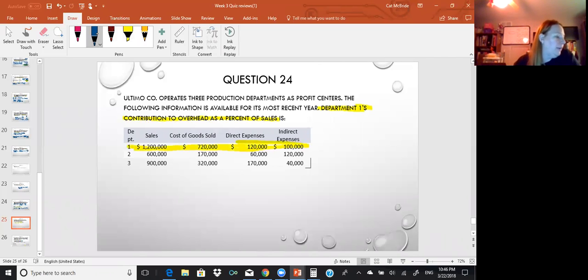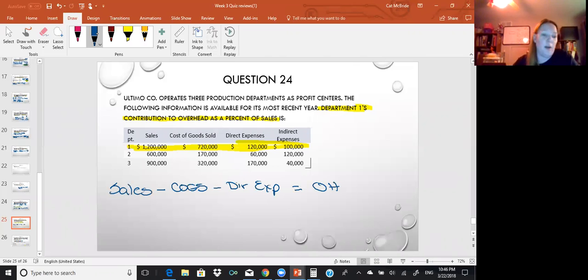So we're going to say, to figure out overhead, because they don't give us just overhead, we're going to have to take sales minus cost of goods sold, because that's not overhead, minus my direct expenses will give us the overhead.